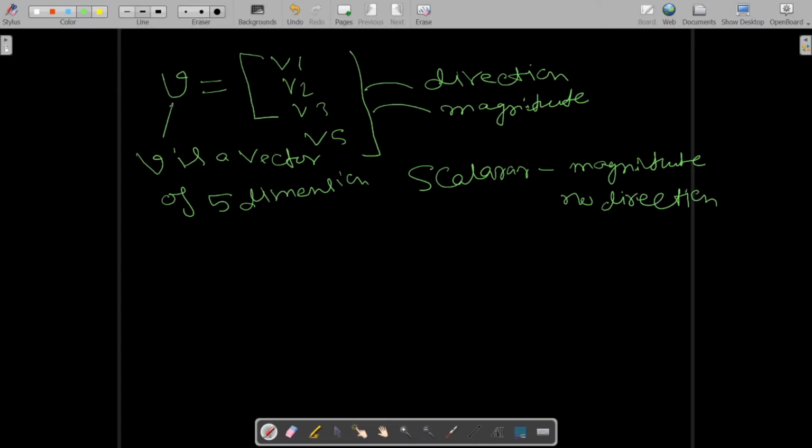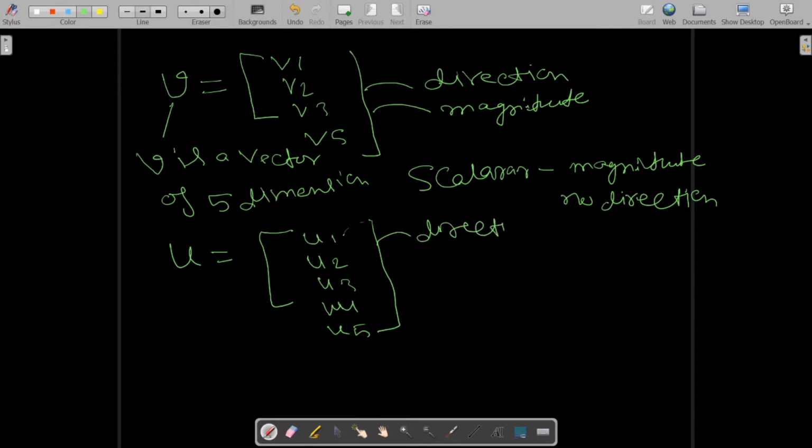So this particular vector is of 5 dimensions where we have 5 elements here, v1, v2, v3, up to v5. Let's take one vector u of the same dimension, u1, u2, u3, u4, and u5. Similarly, here this is of 5 dimensions and this will have a direction, since it is a vector, and the same magnitude.